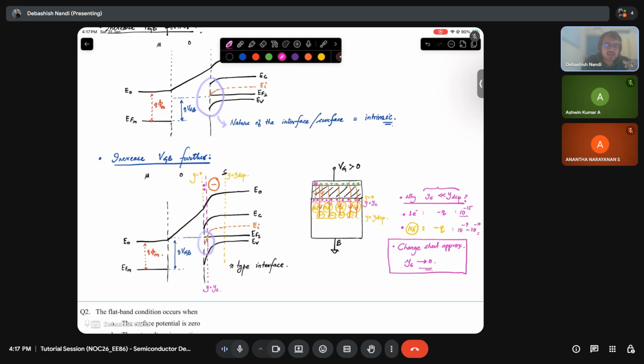Now understand that if I keep increasing my VGB, if you do the analysis, you will see that let's say this charge is QD and this charge is QI. So my QG has to be equal to minus QD plus QI, assuming QOX equal to 0.